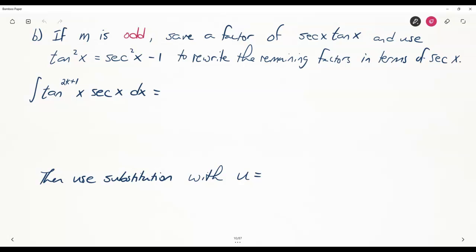Now, if the power of tangent is odd, not even, what we're going to do is pull a factor of secant of x, tangent of x, off to the side and convert the remaining factors of tangent into secant, and then your substitution would be u equals secant of x.